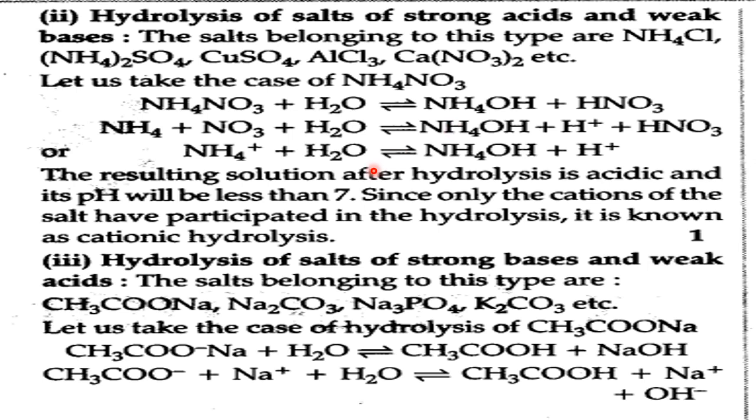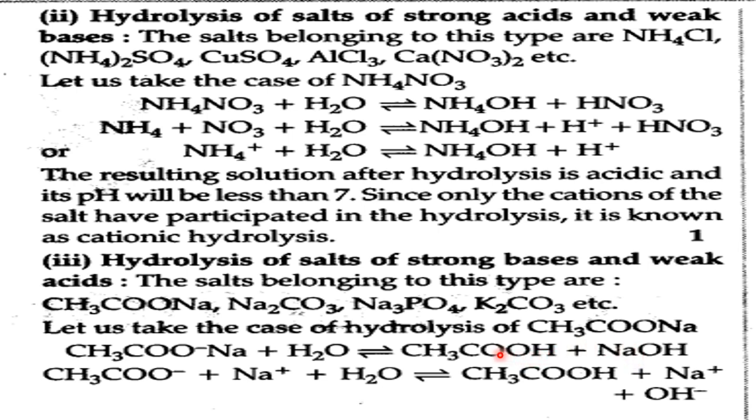In the same way, this is the hydrolysis of salts of strong base with weak acid. Basic character follows. Examples are sodium acetate, sodium carbonate, sodium phosphate, potassium carbonate, etc. These are examples of salts of strong base and weak acid. See an example: sodium acetate with water, hydrolysis gives acid and the base.